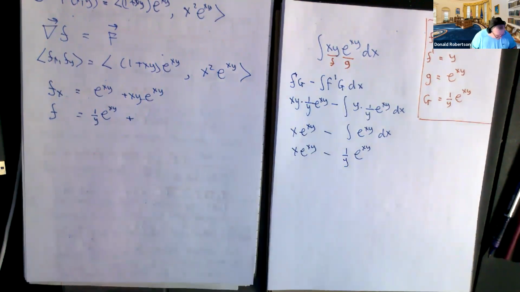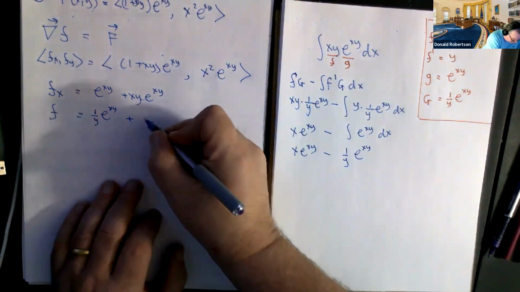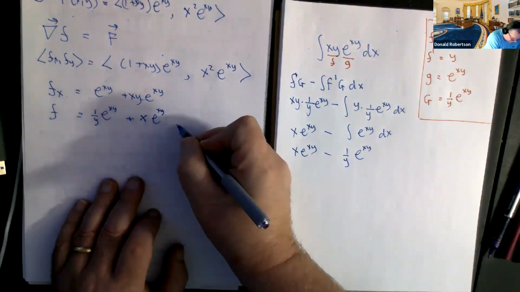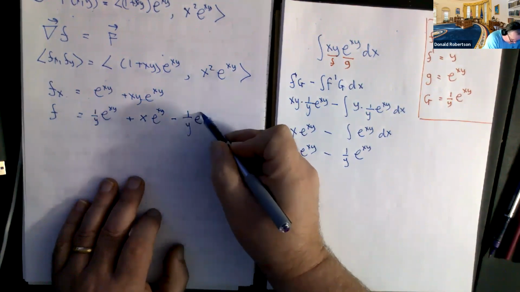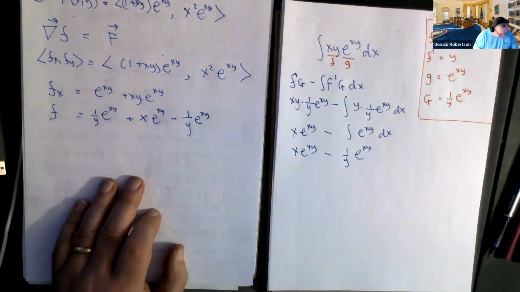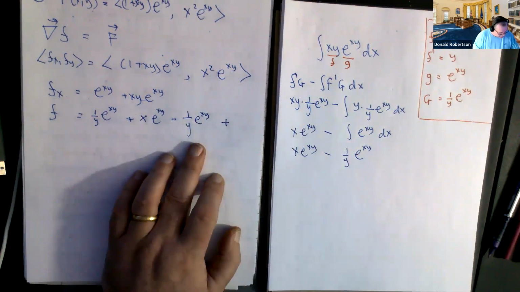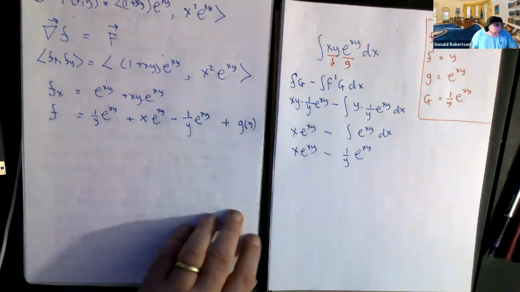And don't worry about the plus c's, they get taken care of by the arbitrary constant. So it looks like we're going to have an x e to the xy minus a 1 over y e to the xy. Interesting. Plus a constant, which in this case will be an unknown function of y.